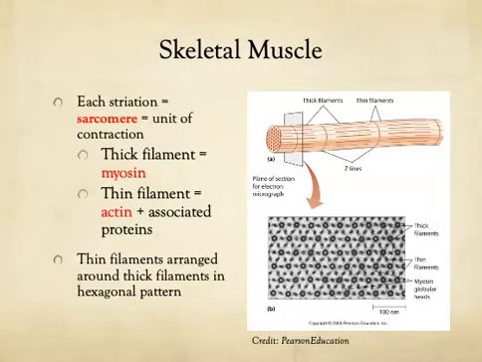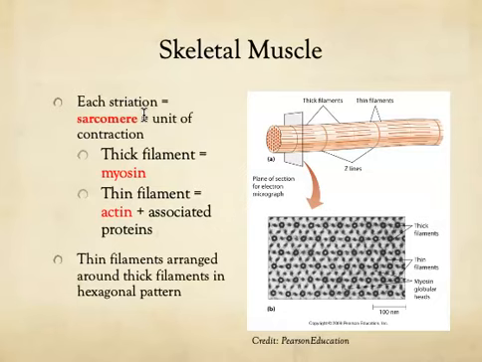And the reason the myofibrils are striated is because they contain thick and thin filaments arranged into sarcomeres. It's the sarcomere that is the unit of contraction inside of muscle tissue. So the thick filaments and the thin filaments are arranged in sarcomeres so that they overlap each other.